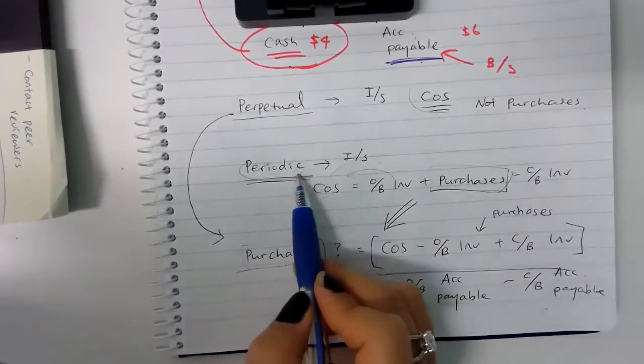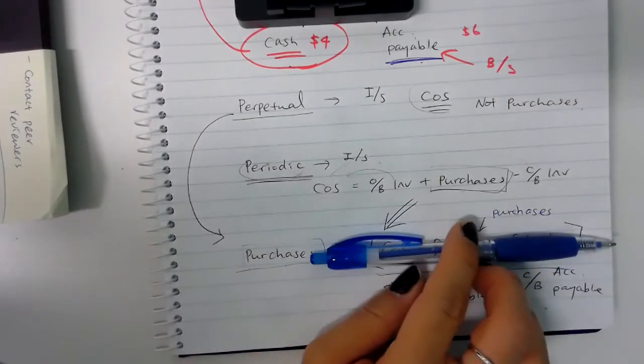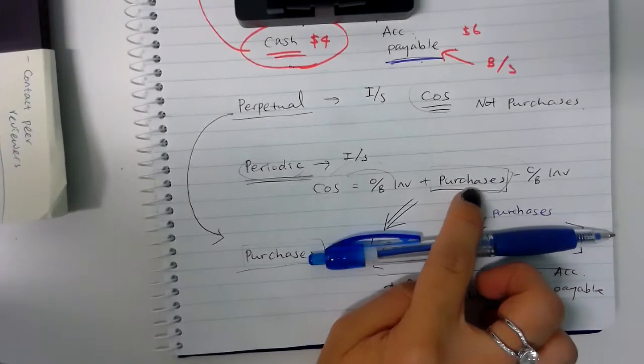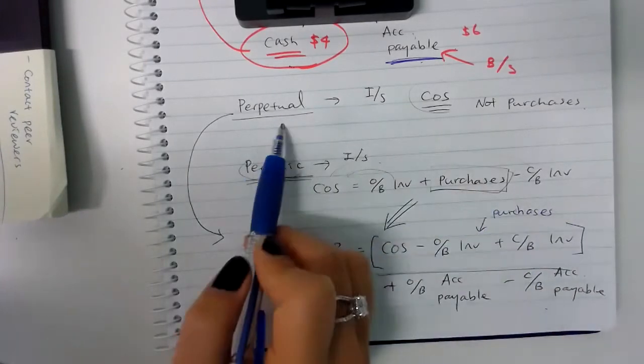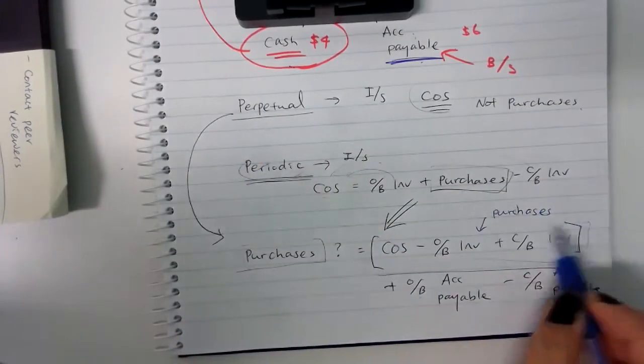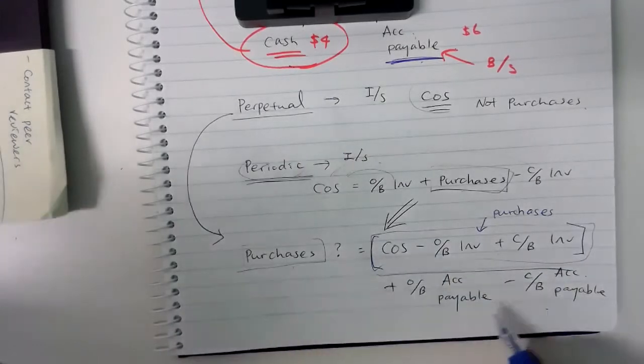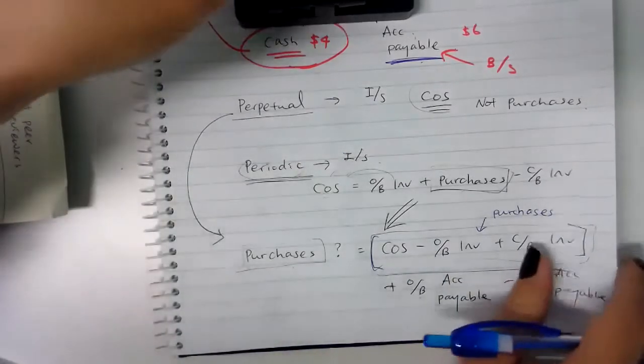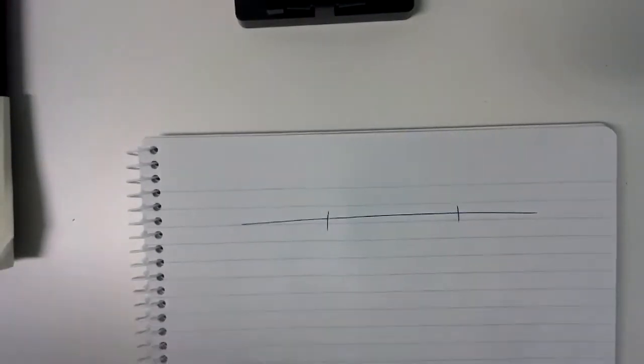Once again, if you're using periodic, you don't need to do this because you know exactly how much purchases are. But if you're using perpetual, then we need to do this bit to work out purchases and then adjust for accounts payable.